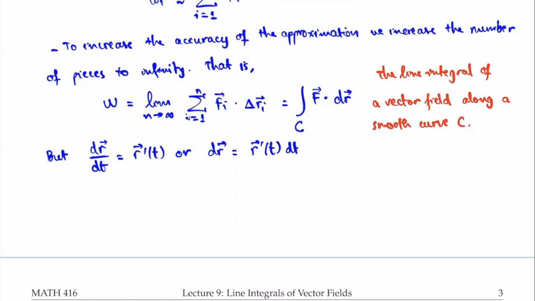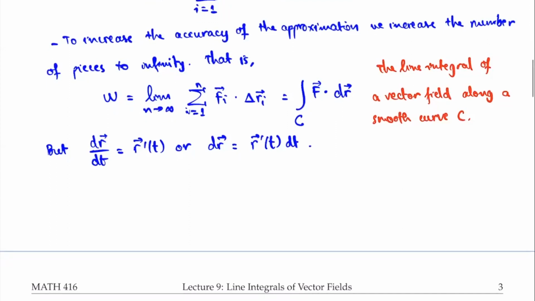All right. So what we're trying to do is that instead of calculating the line integral of the vector field along the curve C, which depends on the entire curve C, we're going to rewrite the formula so that it depends on the parameter t, right? Because usually the curve is parameterized using some parametric equations.